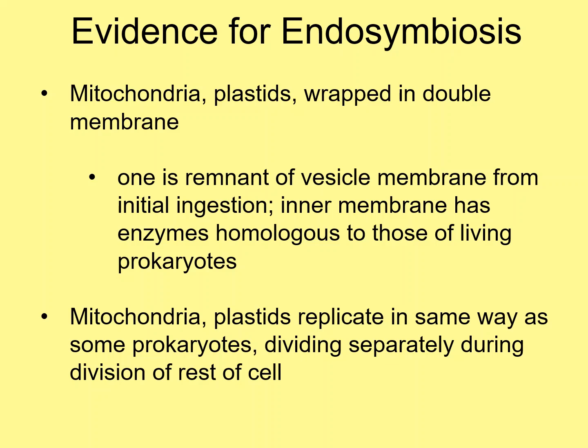And of course, as I will mention later, they replicate themselves separately because they have a circular genome, but our cells don't contain the instructions on how to make more mitochondria. So they have to basically copy themselves. Our cells contain instructions on how to make all of our organelles, all of our other cell components, but not our mitochondria.